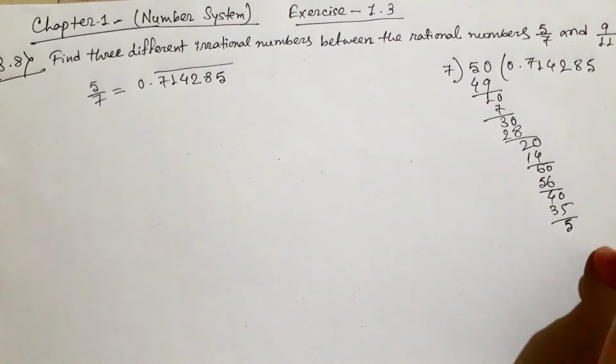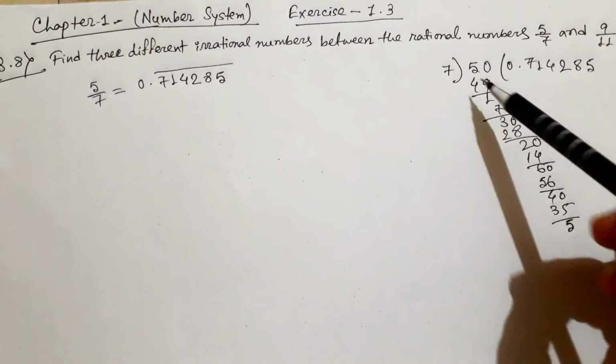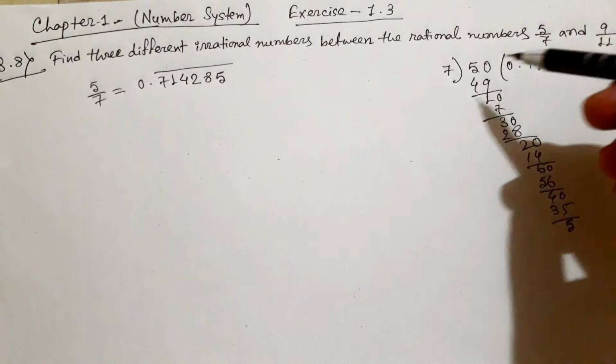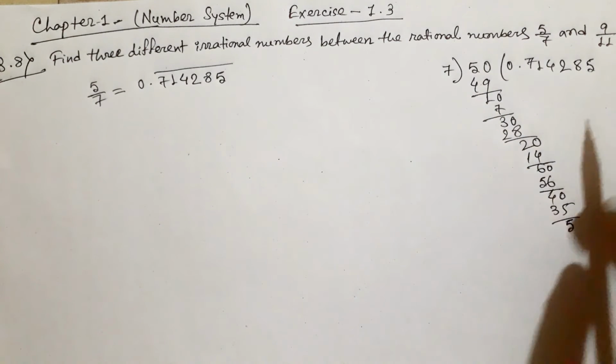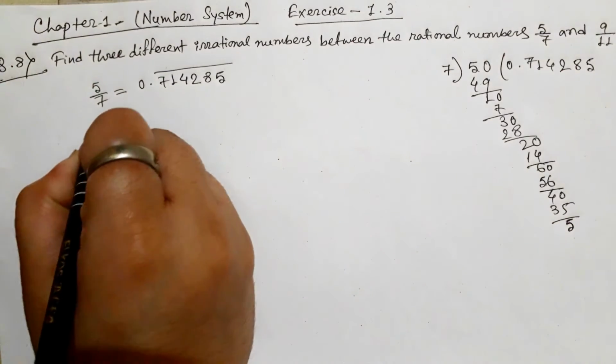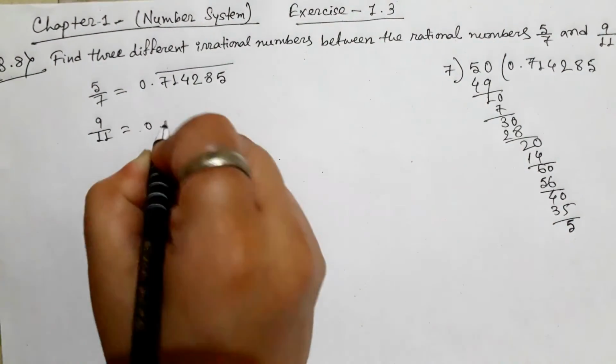So here we stop, and we can see that 5 is coming again and the whole process will repeat. So we stop here, and similarly 9 by 11 we will get 0.81.